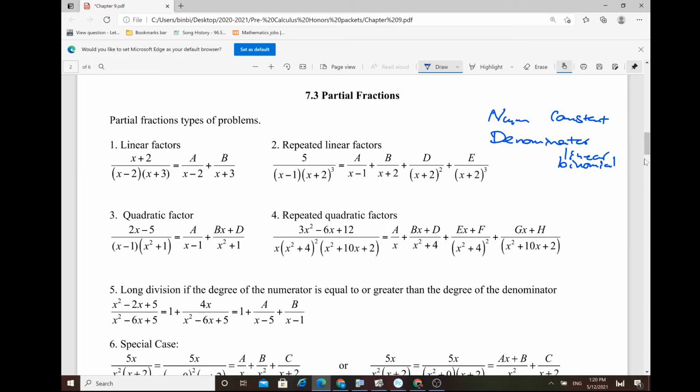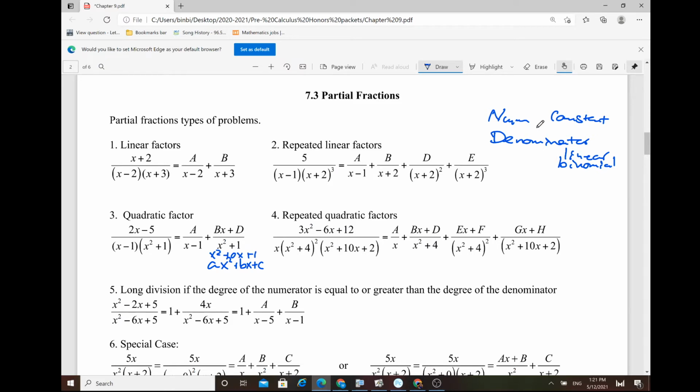What about once we deal with the quadratic factor? The first one is still linear, so it's written as A over x minus 1. The second factor is a quadratic. You might wonder how we can put a linear binomial on top of that. Don't forget, the quadratic standard form is ax squared plus bx plus c, so the x term is missing, and this one is basically x squared plus 0x plus 1.